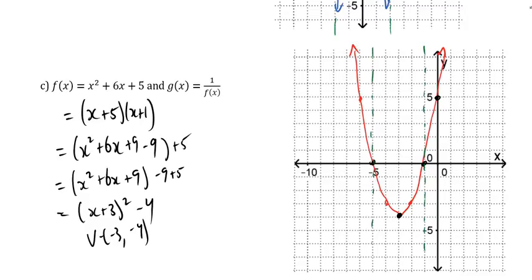Remember to think about those key points. Where is it 1? Where is it -1? It's got to pass through those points. Where are the asymptotes? Any other points you know?